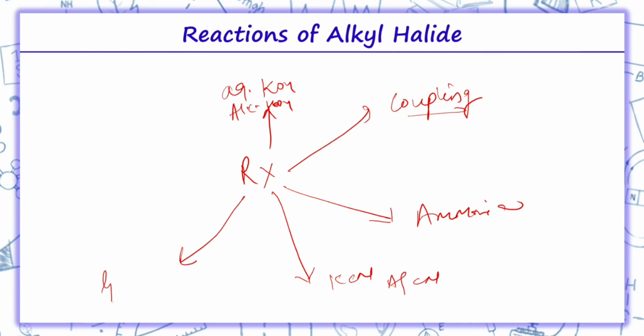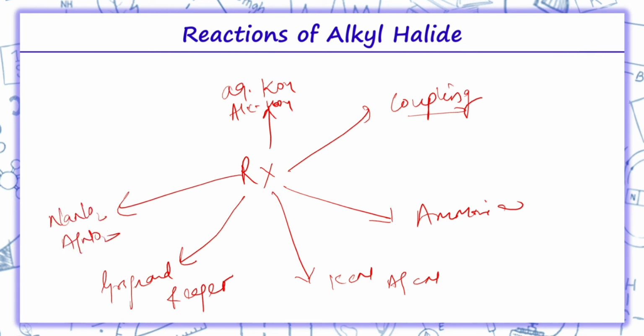Alkyl halides react with Grignard reagent, it also reacts with NaNO2 and AgNO2. It reacts with LiAlH4, which is a reducing agent, and then we have Williamson synthesis reaction, which is it reacts with sodium alkoxide.